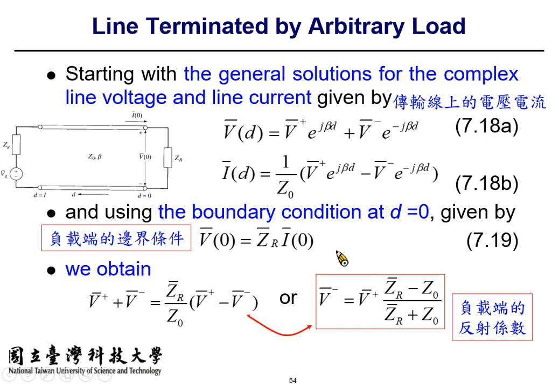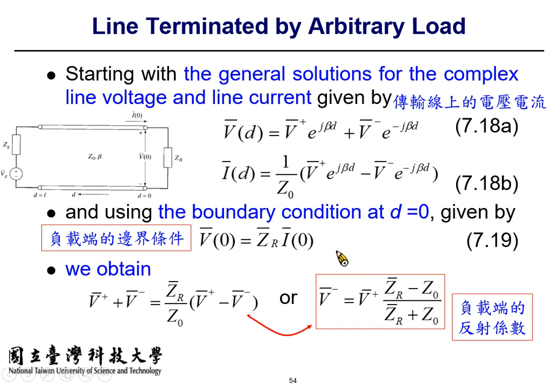So you substitute V of 0 and I of 0, the voltage and current at d equal to 0, using 7.18a and b. The total voltage will be V plus plus V minus, and the total current will be V plus minus V minus divided by Z_0.